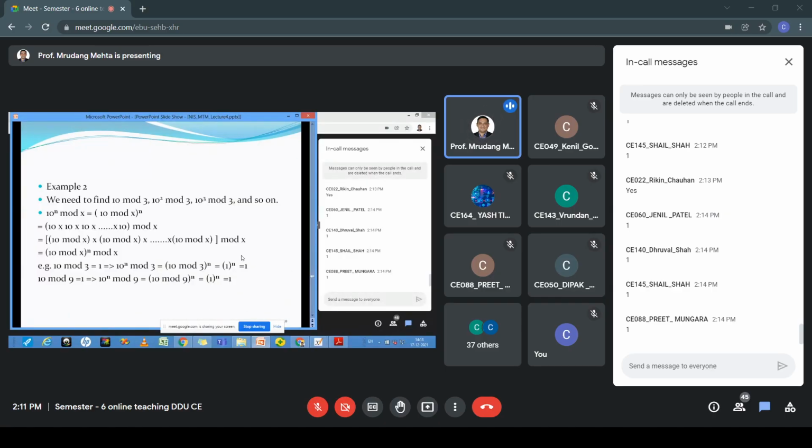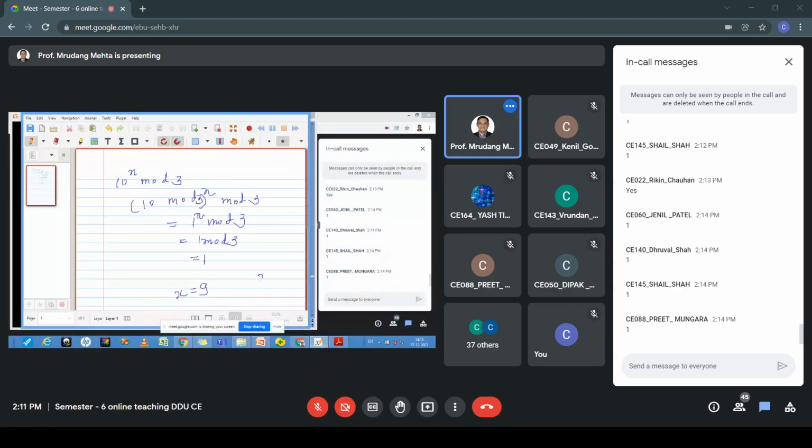Okay, now take x equal to 7 and find out the answer.